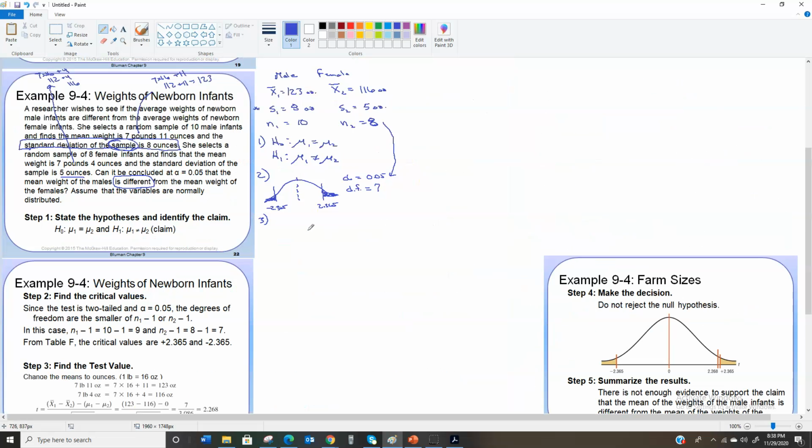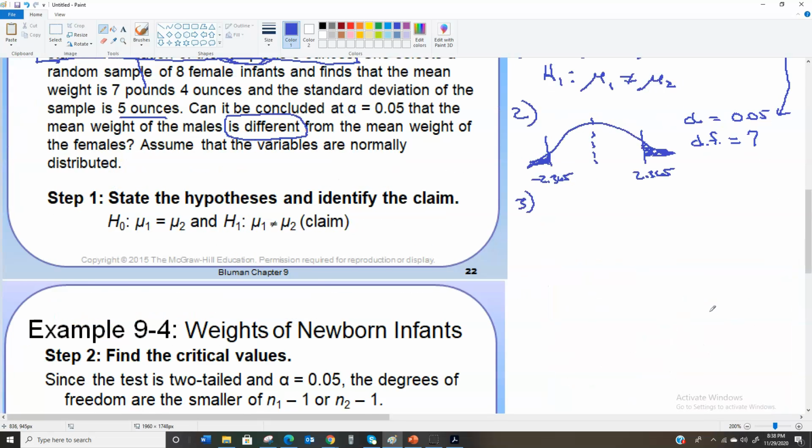Zoom out a little bit here. Okay, so I'll zoom back in. We'll squeeze it in. We're going to use our t, and it's the same calculation as before. I'm just going to use s's instead of sigmas. So the difference between our samples, x1 minus x2, over the square root of s1 squared over n1 plus s2 squared over n2.